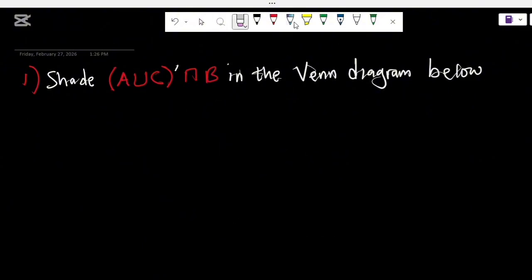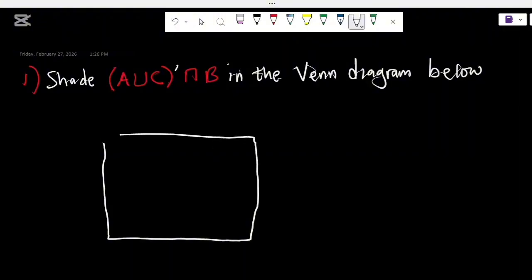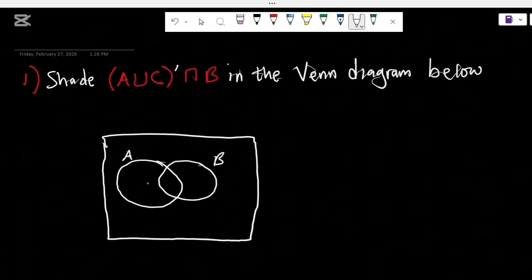Before we look at the question, you have to understand that when we are illustrating information like this in the Venn diagram, we have to be very careful, because when you have two sets like this, you know that you have set A and set B. So in this case, when you're talking about union, you are talking about both set A and set B. Whatever that is in set A and in set B, that is considered to be union.